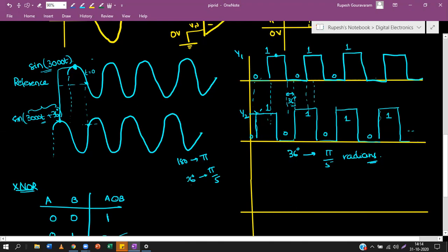So until here, let me first of all draw the differences where the difference is occurring. So here all the differences are occurring.